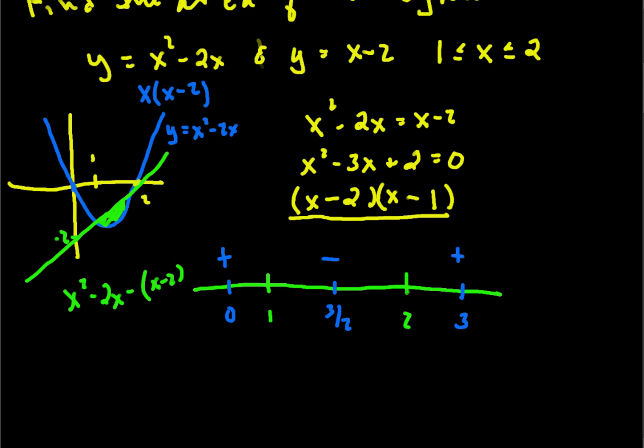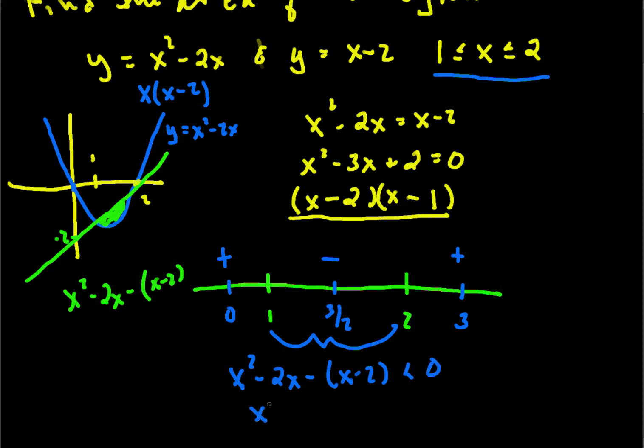So in between 1 and 2, and that's our range here, x squared minus 2x minus the quantity x minus 2 is negative.